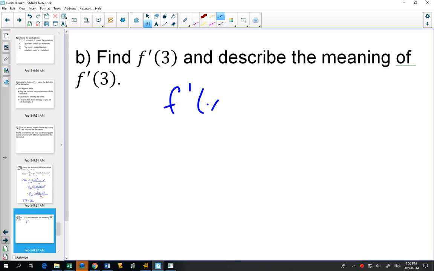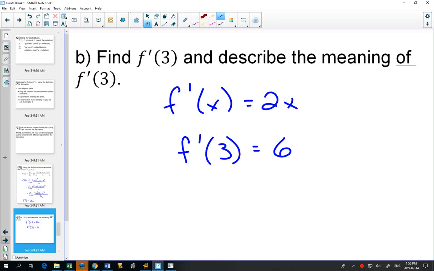So in A, we found out that f prime of x was equal to 2x. So f prime of 3 is equal to 2 times 3, which is 6. Describe the meaning of f prime of 3.